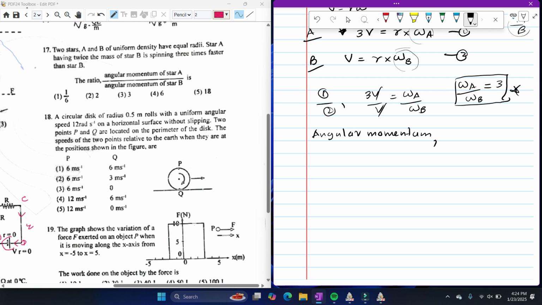Angular momentum is L equals I omega, just like normal momentum is p equals mv. Similarly in angular momentum we have L equals I omega.